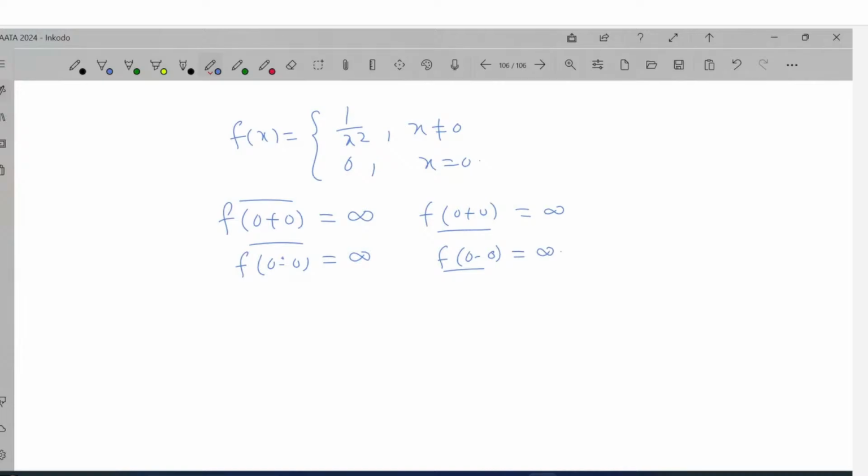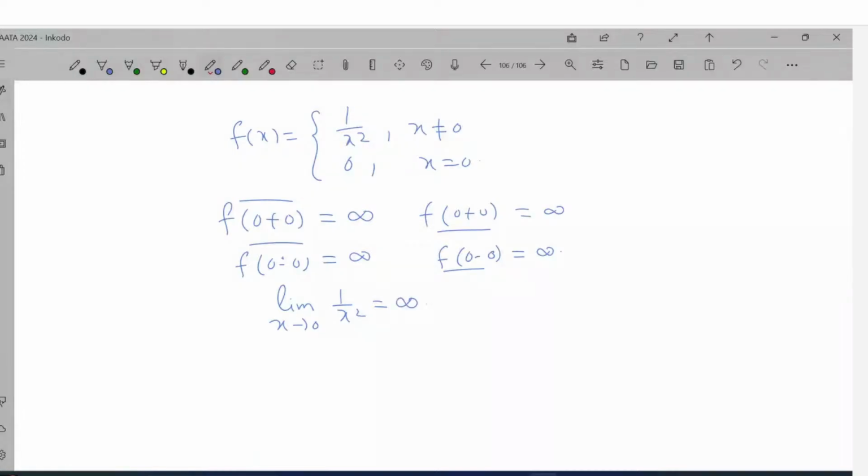Correct, all will be infinity. One thing you observe, because all are infinity, we can say the limit as x tends to 0 of 1 by x square is actually infinity.